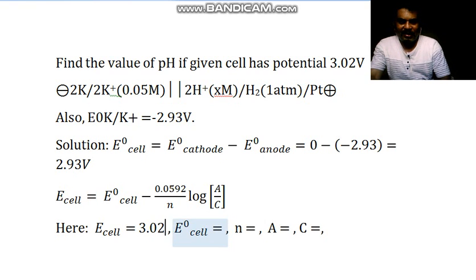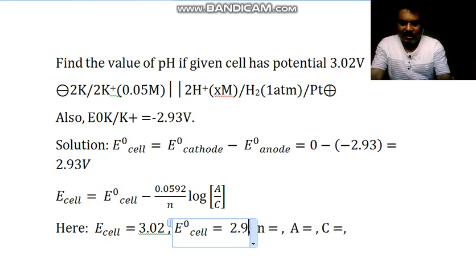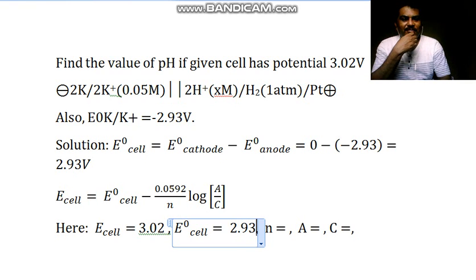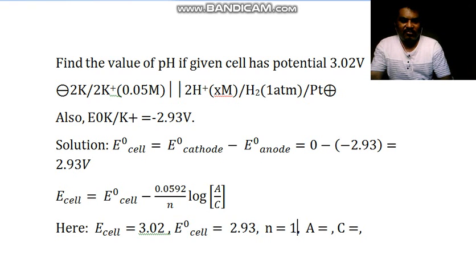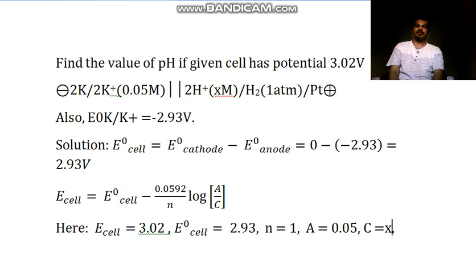E degree cell we have found out: 2.93. Number of electrons transferred: potassium 1, hydrogen 1. Anode concentration is given as 0.05 and cathode concentration is X. So first we can find out X.